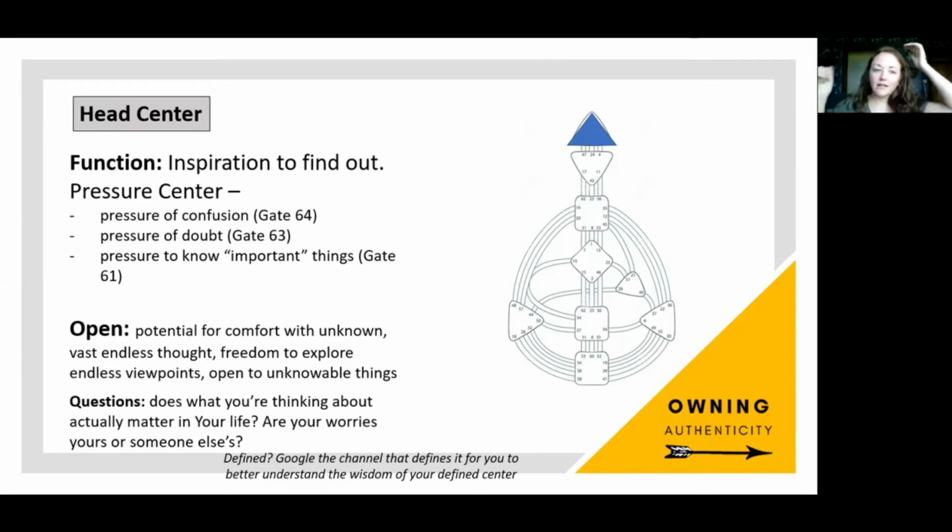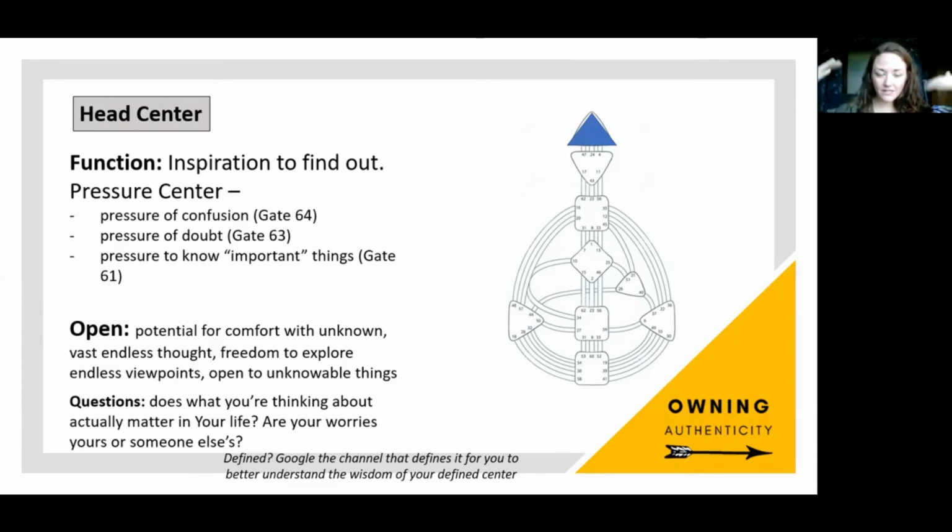So with the head center, the potential is that you can get really comfortable with the unknown. You can enjoy a question because you know that the answer's coming. As soon as you feel the pressure to know something, or the inspired, random wondering that now you've got to open Google, like how many times a day does blah blah blah happen, you learn to witness that the question automatically puts pressure on us to answer it.